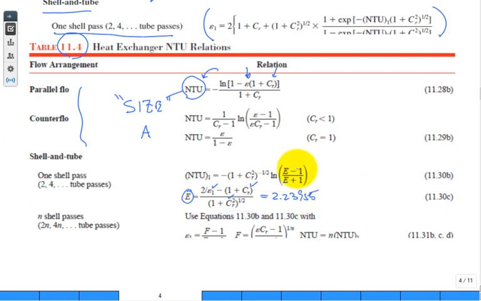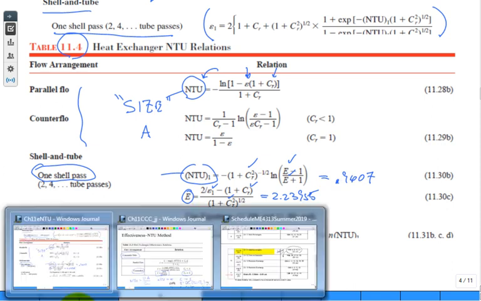And then you put in the E here with the C sub R and you calculate the number of transfer units for one shell pass. That's all we have. And that gives us the 0.9607. Okay, so now let's get back to our problem.